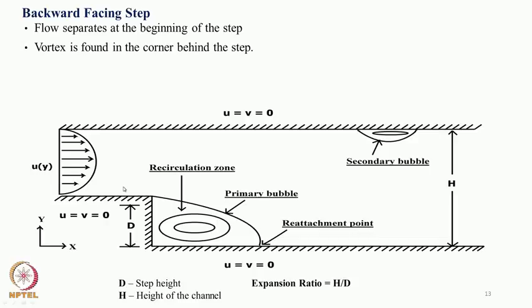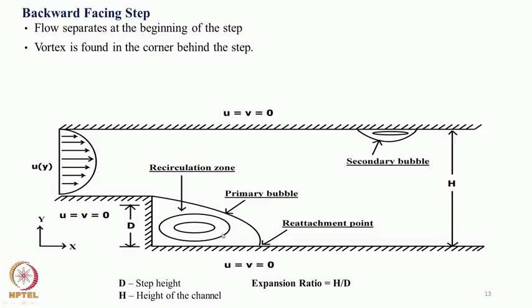Now, as I have explained before, at the tip of the corner, the flow separates and then it comes and reattaches on the bottom wall at some distance. Where it attaches depends on the flow condition, Reynolds number and so on. Now, the question that is important is what is happening in this region.